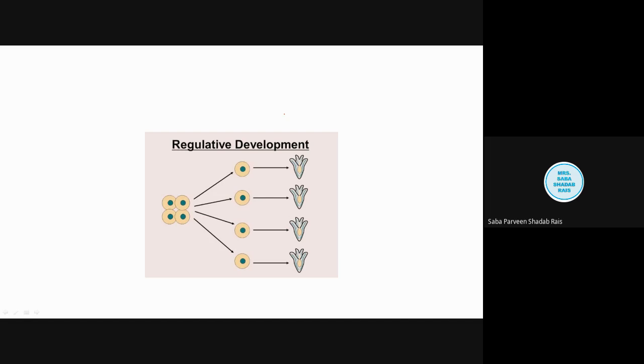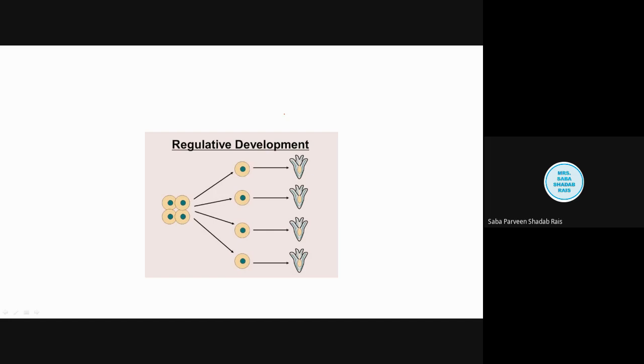So if in any case there is an accidental separation of the cells of the developing embryo, these two cells become identical twins, and even if it breaks into four cells, all four cells will be separated. So four identical babies will develop, one from each cell.